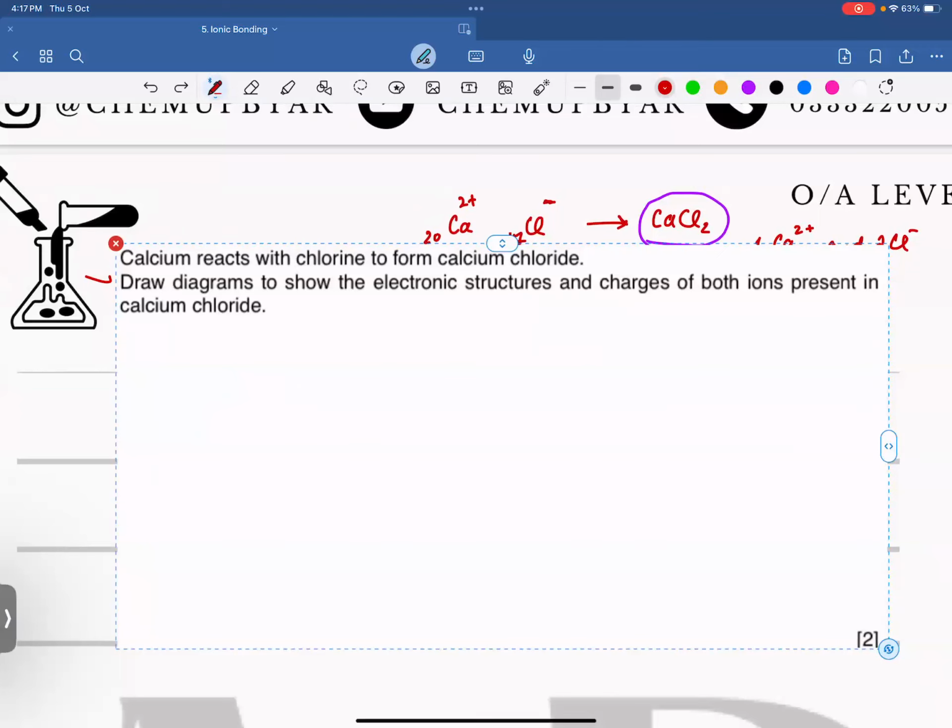Okay, do it quickly. Sir, we only have to make the electronic structure of their ions, right? Right. So it means you have to draw one electronic structure for calcium ion and one electronic structure for chloride ion.